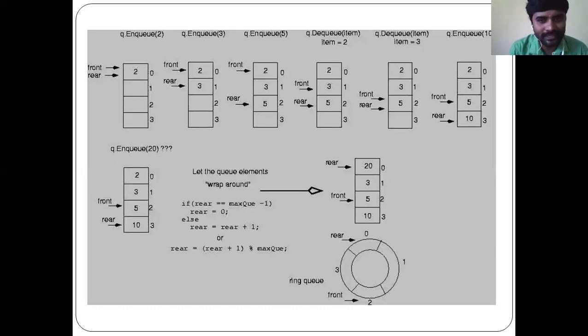Now, for example, here we can see the circular one, with front and rear. The front starts at location 0 with the element 2. At the same time, at the rear we add the element 3 at location 1. The front is fixed, but the rear is changing. In the second location we added 5. Now the front starts from 3 and the rear is 5.